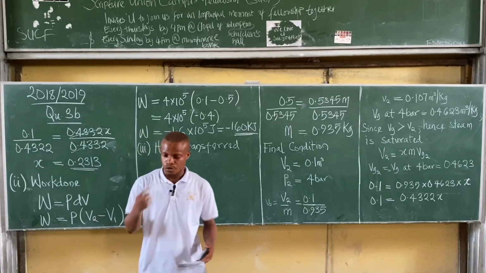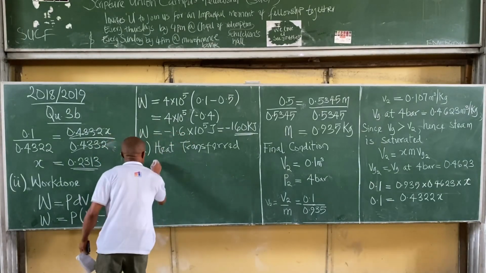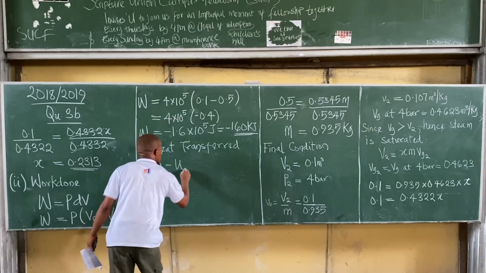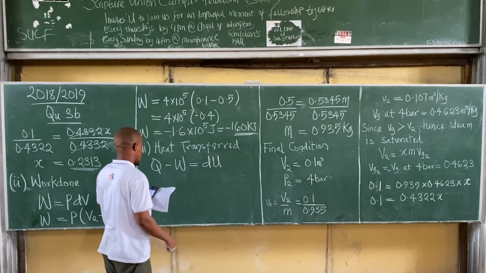Recall that from your steady flow energy equation, you have that Q minus W gives you the change in U, right?